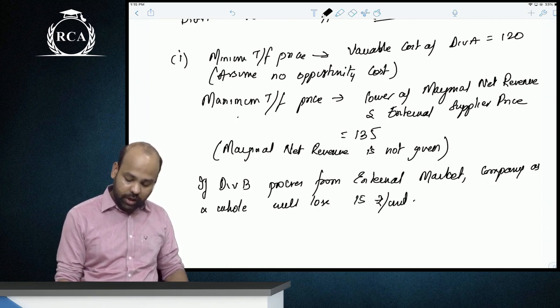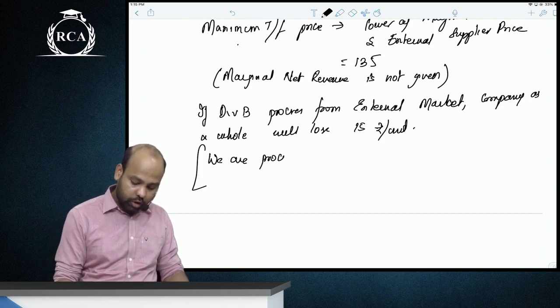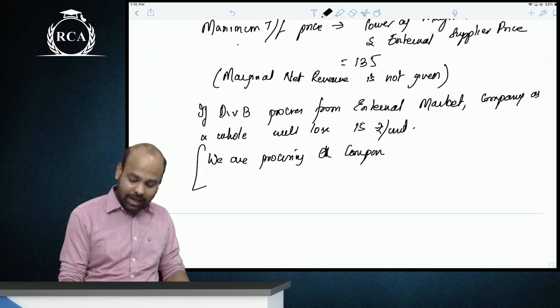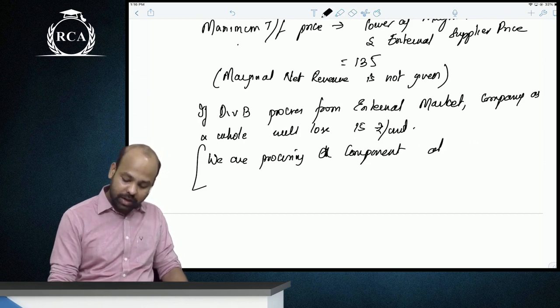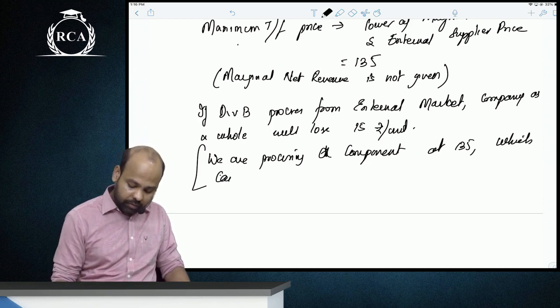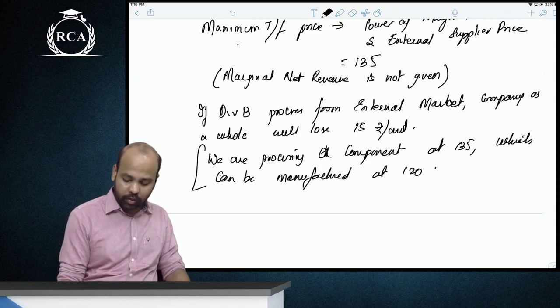We are procuring a component beta at 135 rupees, which can be manufactured at 120 rupees only by us.